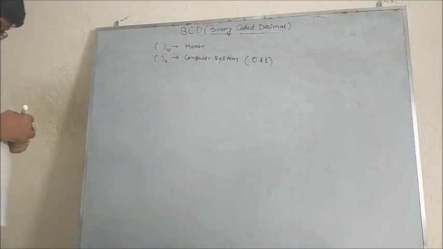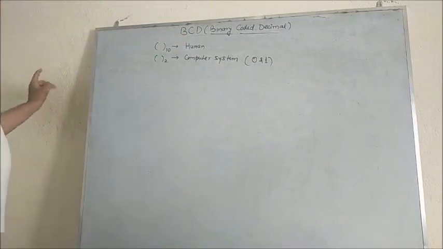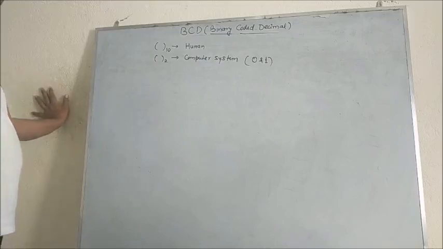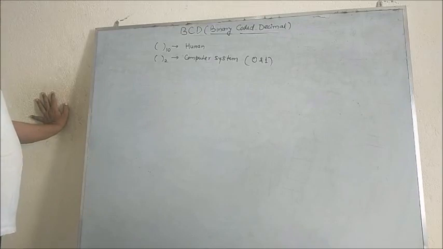So till now, in my previous video, I have already explained how the decimal number system can be converted into the binary number system by conversion, right? Today I am going to extend my lecture to the conversion of the decimal number system into binary coded decimal, right?